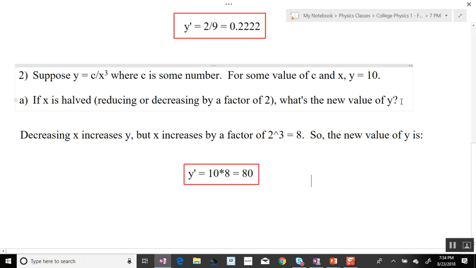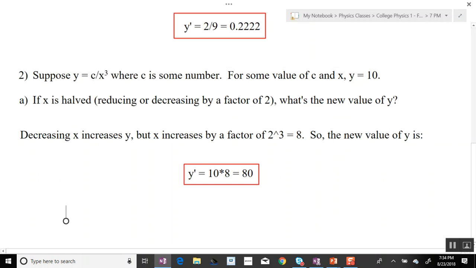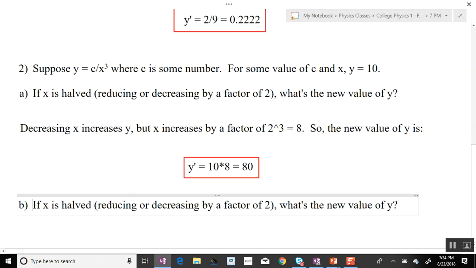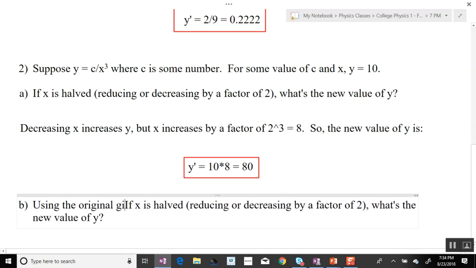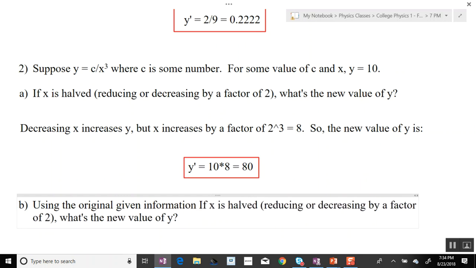We're good? I'm going to borrow part of this too because it's pretty similar to the next. Okay, so the next part, that got messed up. All right, maybe I can't do that. All right, so if x is, all right, let's see. I got to change this a little bit. So using the original information, so in other words, y is 10.